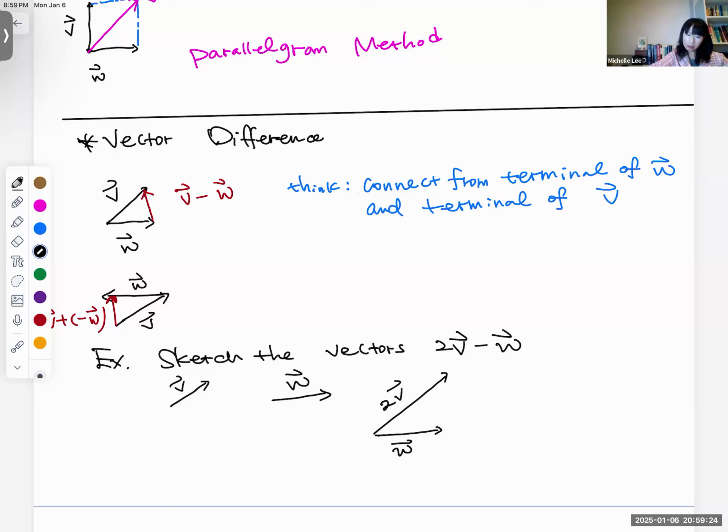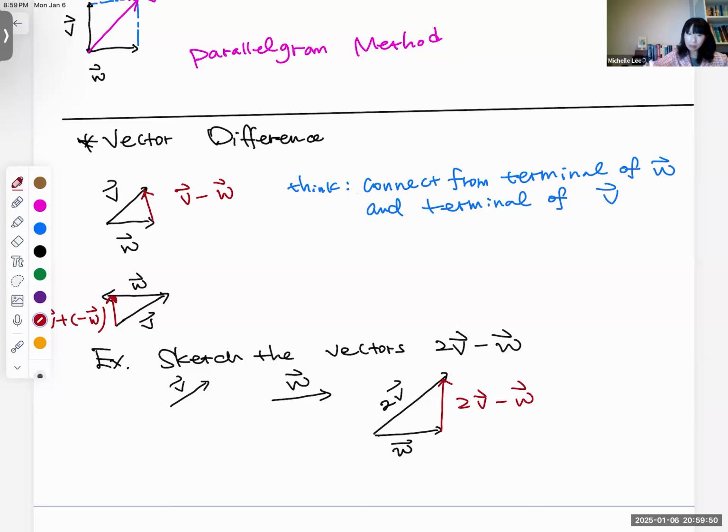So I am using this method, right? So that will be 2v minus w, right?